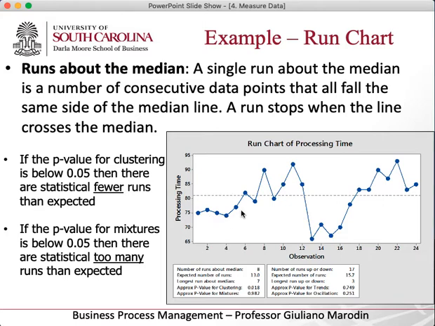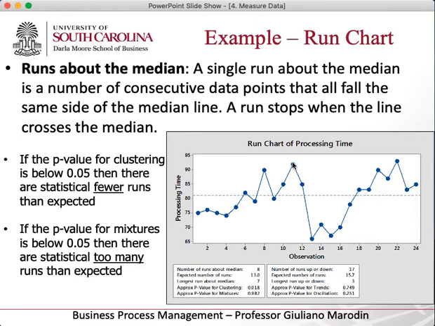We call this one run. So we have 5 points below the median, and this is the first run. Then there's another run here, and another here. The second run, the third run, the fourth run, the fifth run is just this data point, and the sixth run is all of this.